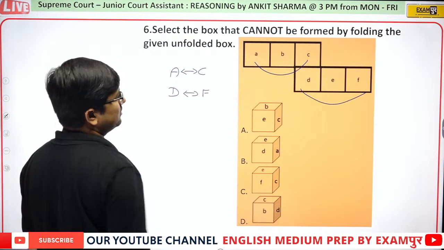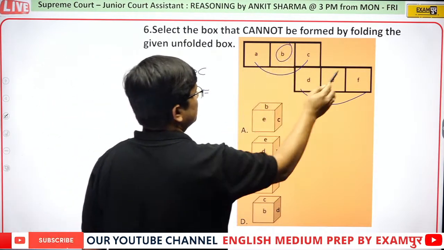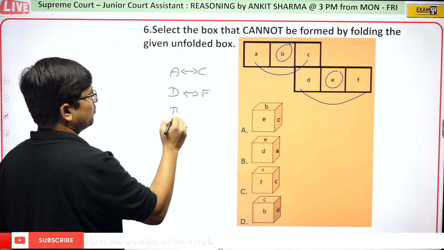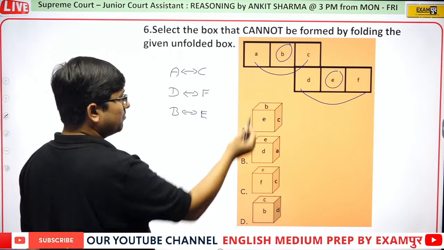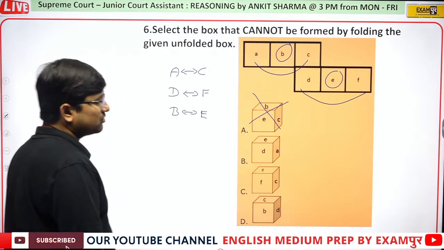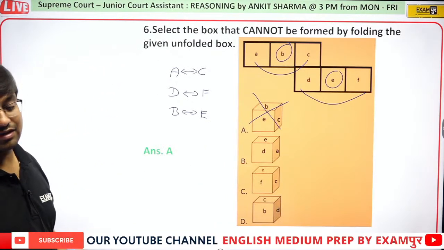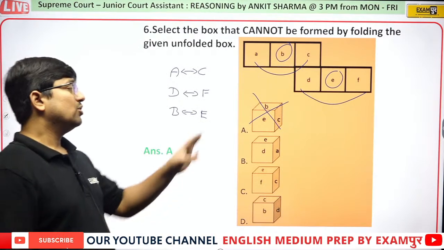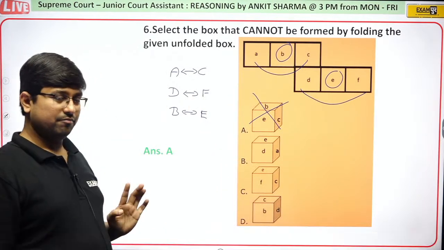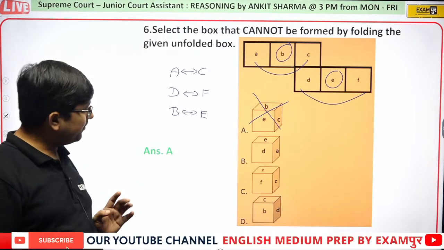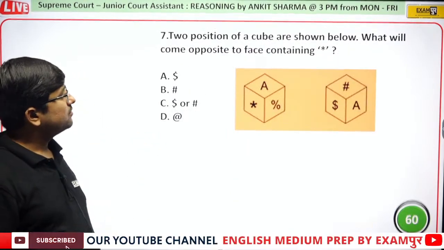Nowhere are D and F seen together. And now the left out ones: B is opposite E. Can they be seen together? No, but yes, they are seen together over here. So that is why A is the right answer. It is asking which cannot be formed, so all of them can be formed other than A.